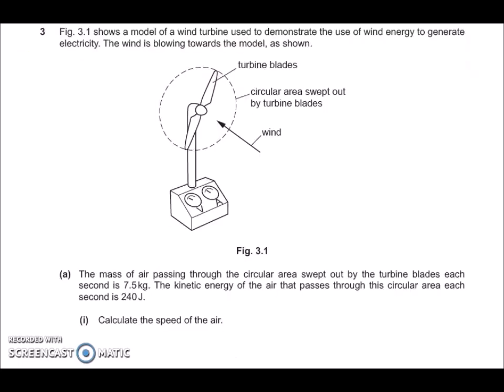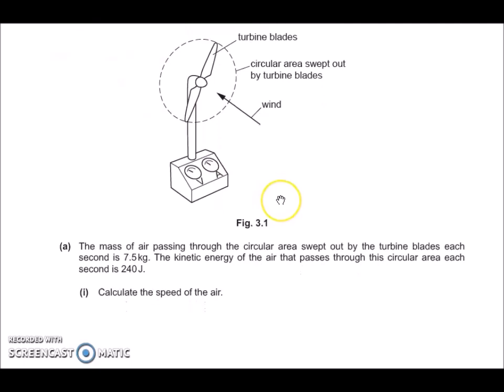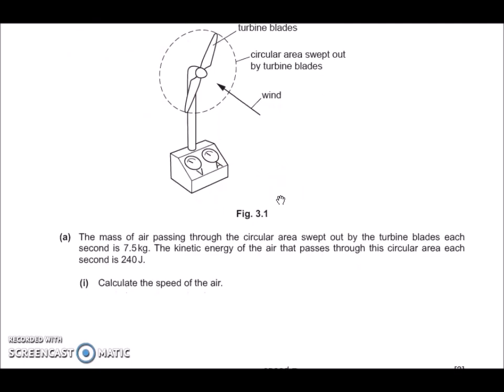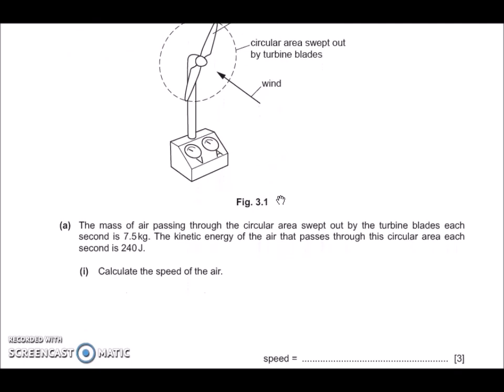Okay, there's a model of a wind turbine used to demonstrate the use of wind energy to generate electricity. So we will have kinetic energy over here. We have the turbine blade and the circular area swept out.